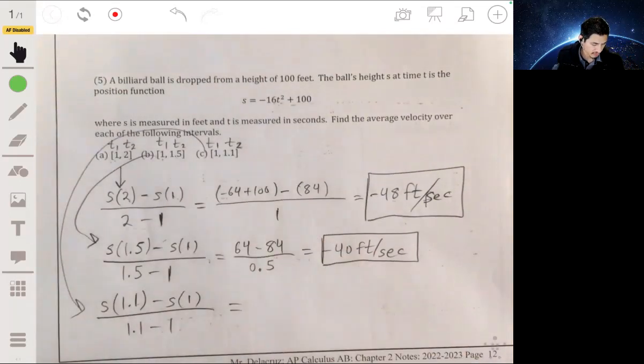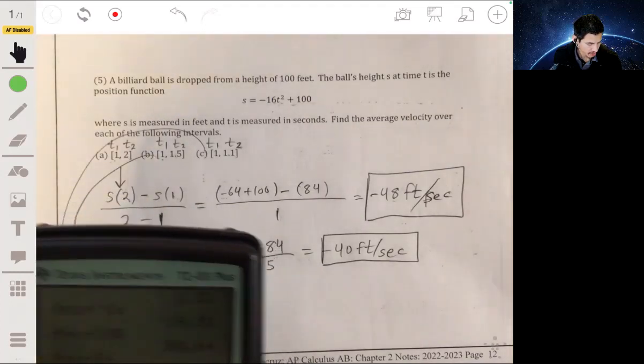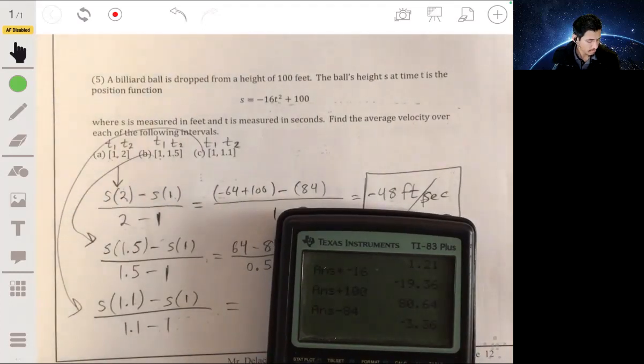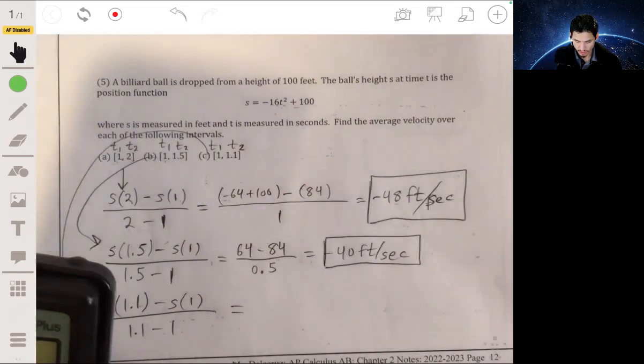Evaluate that equation for 1.1 squared times negative 16 plus 100, which is 80.64, minus 84, and then we divide that by 0.1.